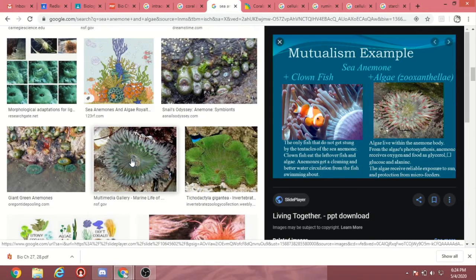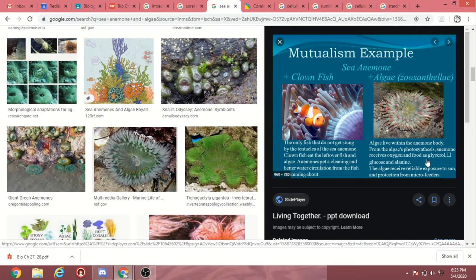Those algae are called zooxanthellae, and they live within the tissues of the anemone. Here's something interesting I forgot to say: those photosynthetic organisms not only make food, but if you remember from photosynthesis, they also make oxygen for the organism as well.